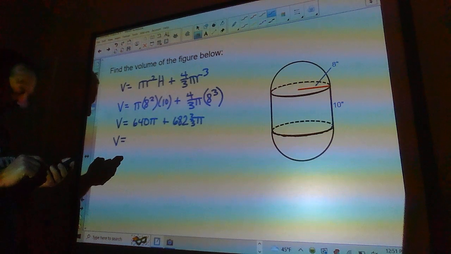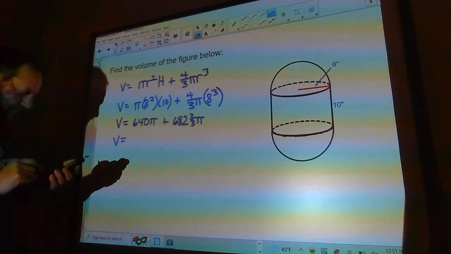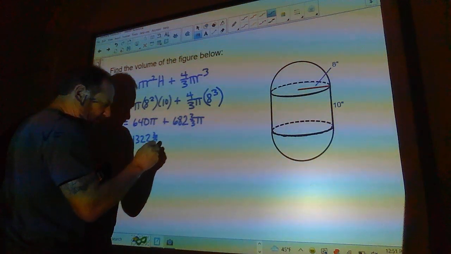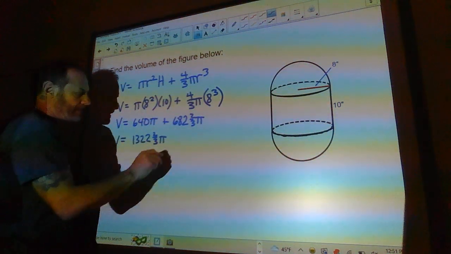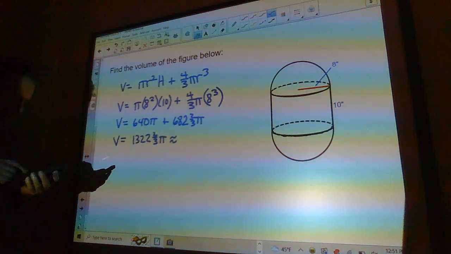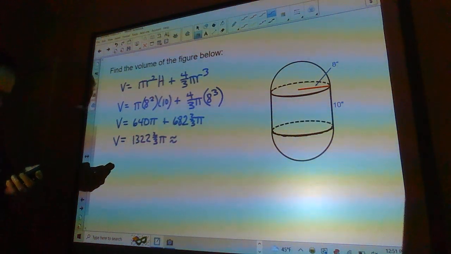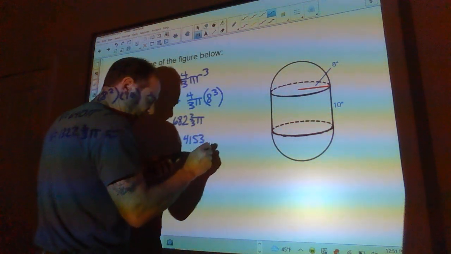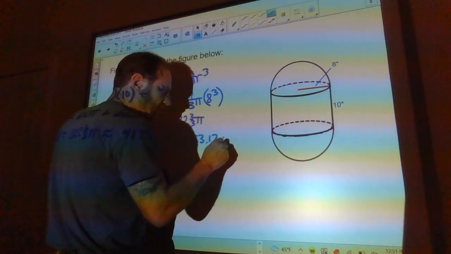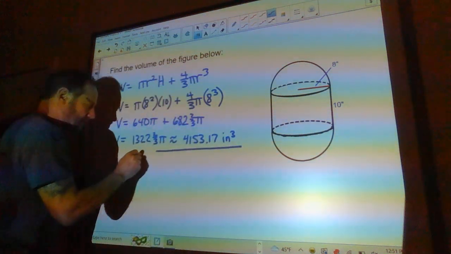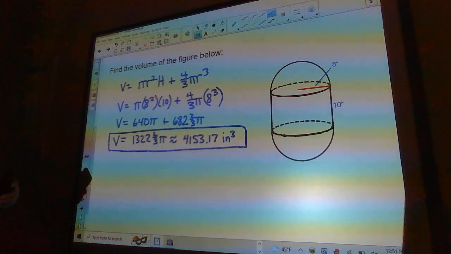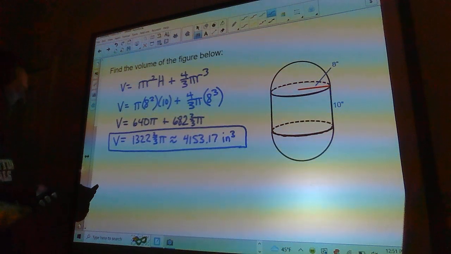So I can add that to 640. That's 1,322 2/3 pi exactly, which times 3.14 comes out to be about 4,153.17, and that's in cubic inches. Okay, it's a pretty big pill right there. You wouldn't want to swallow that.